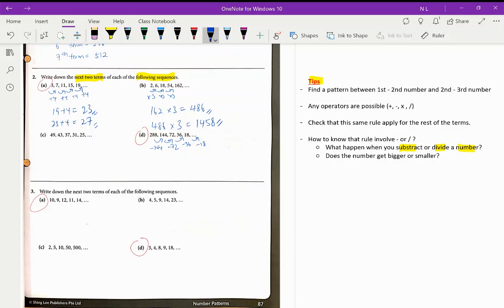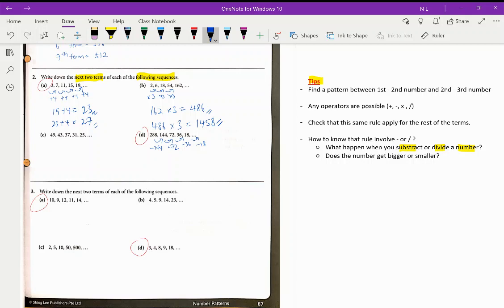And when I check the minus, I notice that it's like subtracting the same number. So when you're subtracting the same number, there's only one possibility, which is divide. Because 288 divided by 2 gives you 144, and 144 divided by 2 gives you 72, and 72 divided by 2 gives you 36, 36 divided by 2 gives you 18.